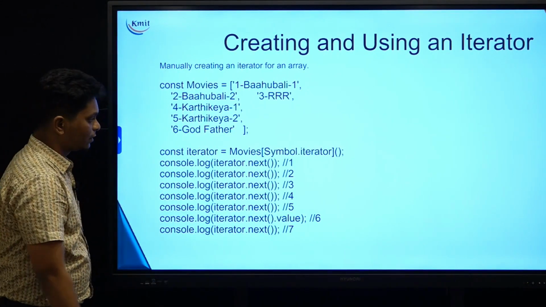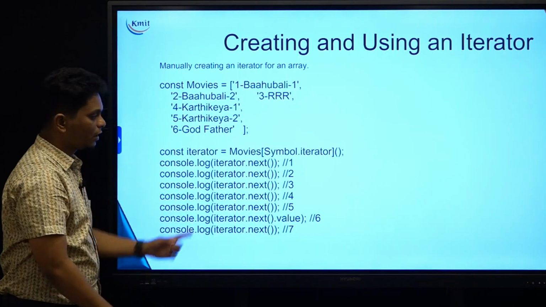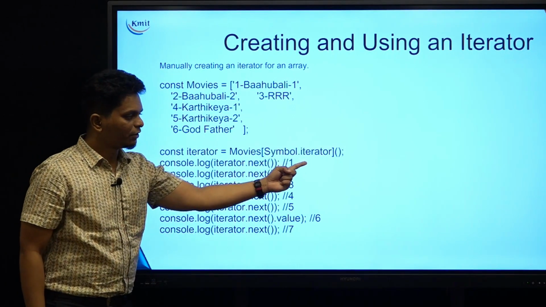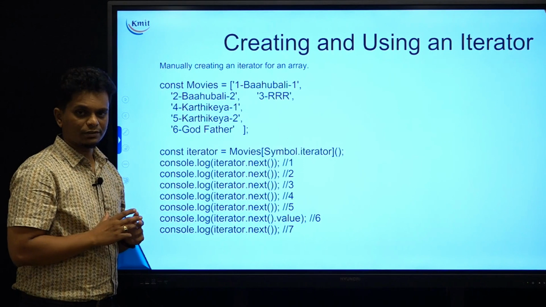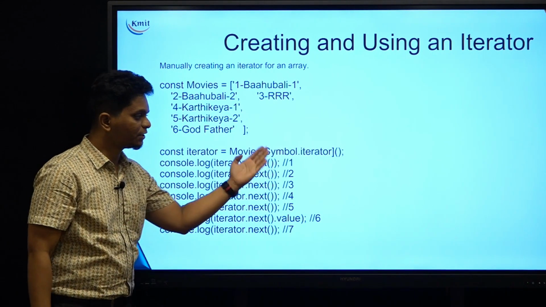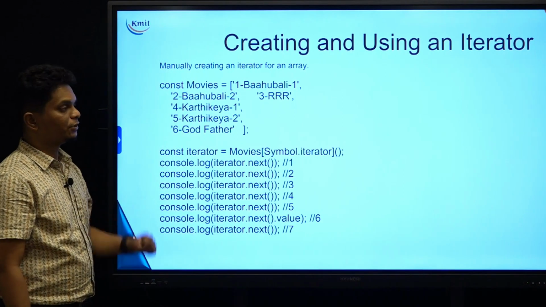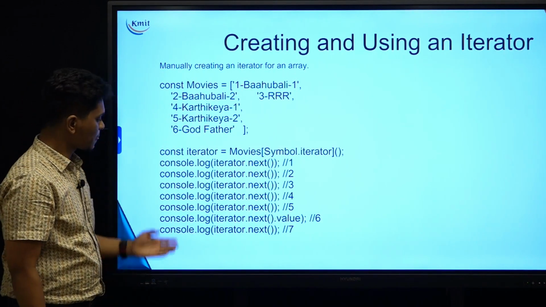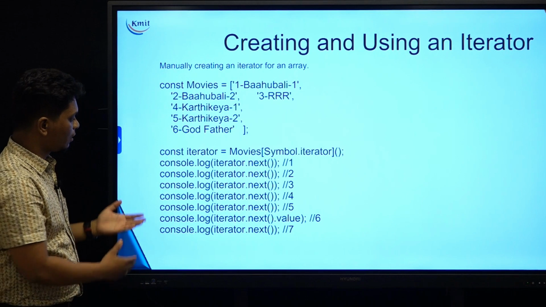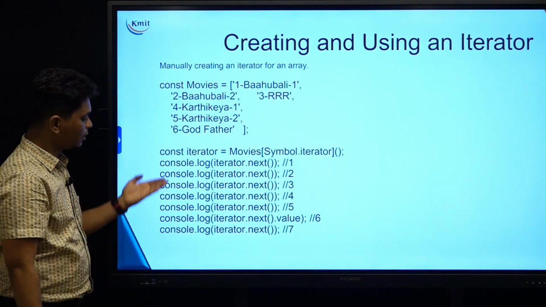If you observe carefully, we have Symbol.iterator enclosed in square brackets. This is a method that is used to create an iterator. So it's very simple.